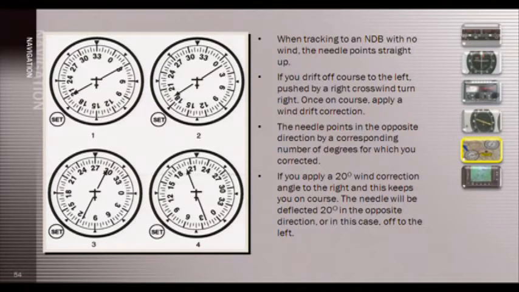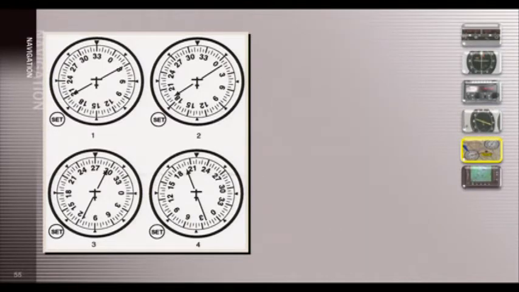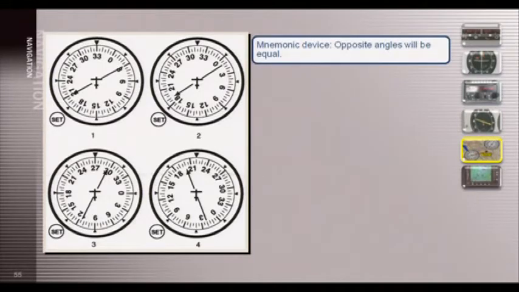The needle points in the opposite direction by a corresponding number of degrees, requiring a correction. Say you apply a 20-degree wind correction angle to the right, and this keeps you on course. Your needle is going to be deflected 20 degrees in the opposite direction, or in this case, off to the left. Remember this phrase: opposite angles are going to be equal.